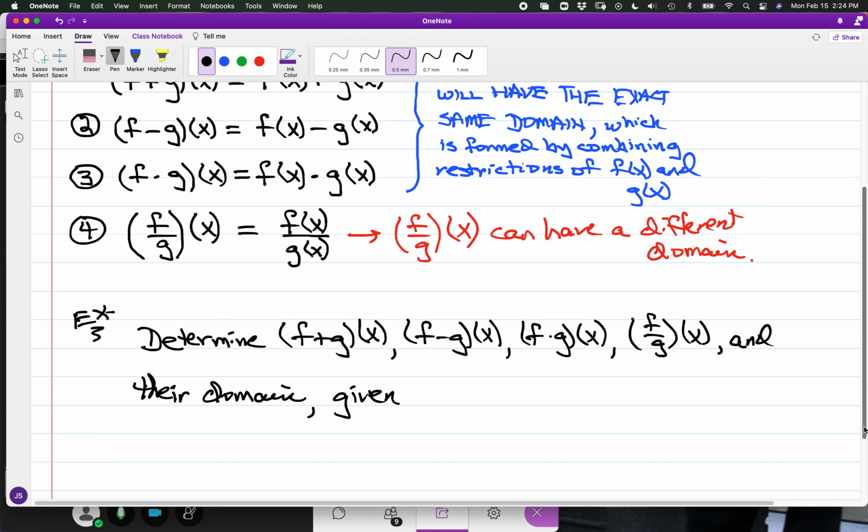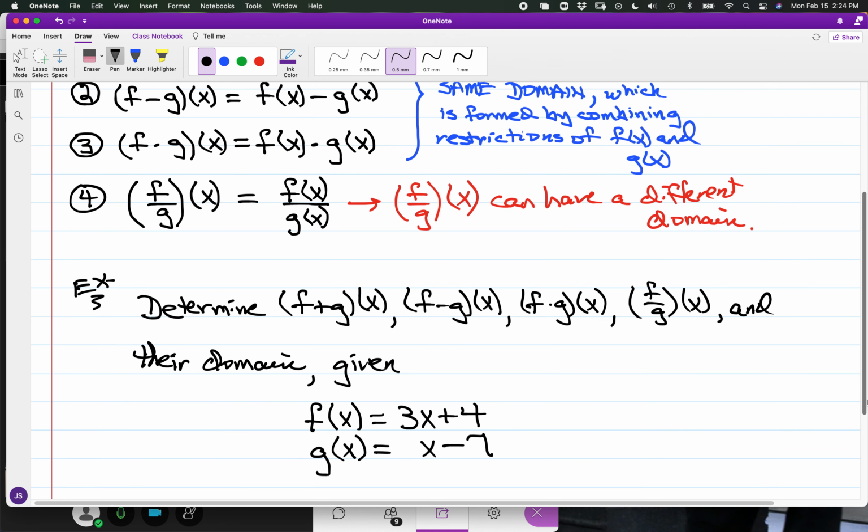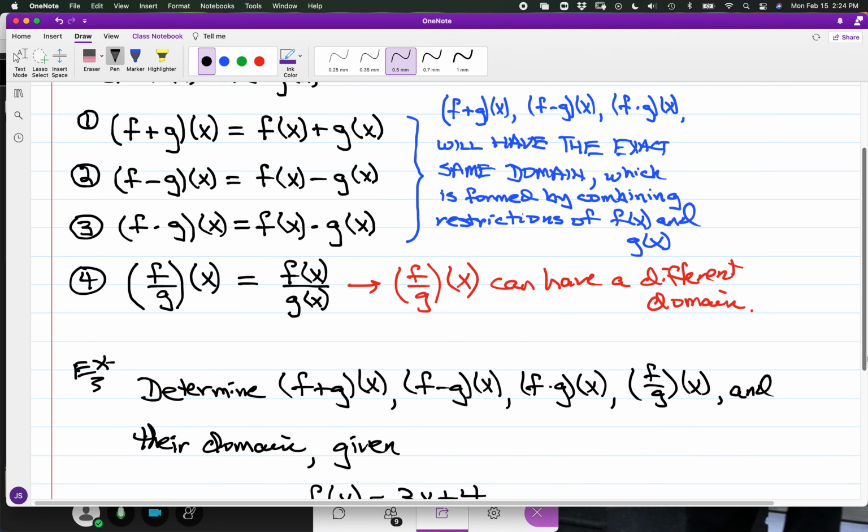We'll say that f of x is given as 3x plus 4 and g of x is equal to x minus 7. So we're looking at the sum, difference, product, and quotient functions, as well as their domain.